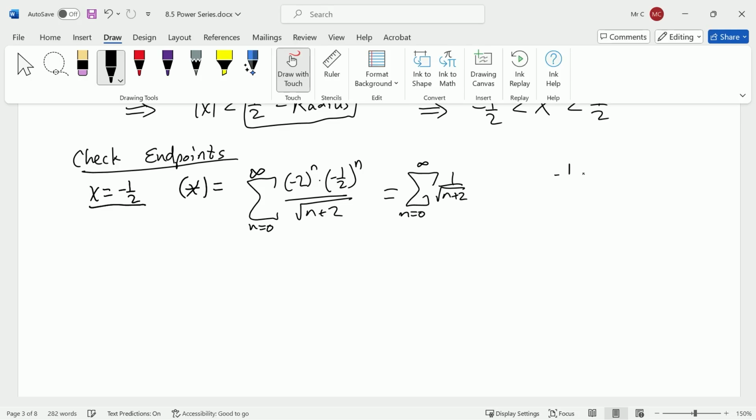And if I look at 1 over the square root of n plus 2, how does this compare to 1 over the square root of n? Well, I've got a larger number in the denominator, so that means this is smaller than 1 over the square root of n. But the series 1 over n to the 1/2 power diverges by the p-series test.